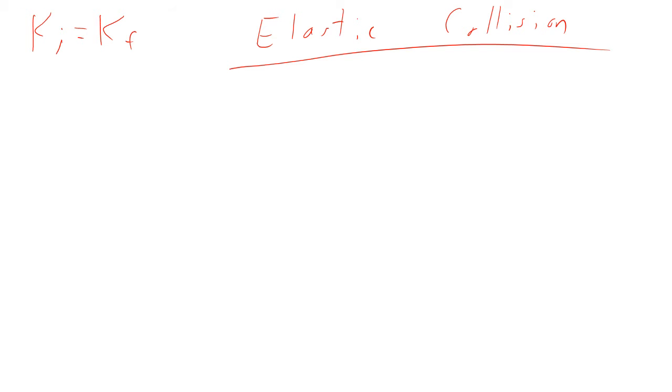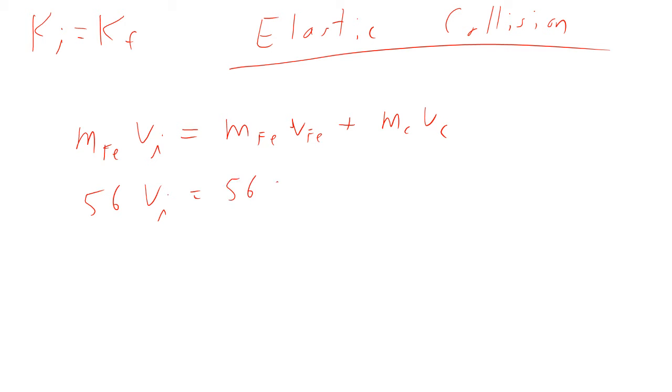All right, so like before, we'd start off saying the mass of the iron times the initial velocity equals mass of the iron, velocity of the iron, plus mass of the carbon, velocity of the carbon. Well, iron is 56 atomic mass units, and carbon is 12 atomic mass units.